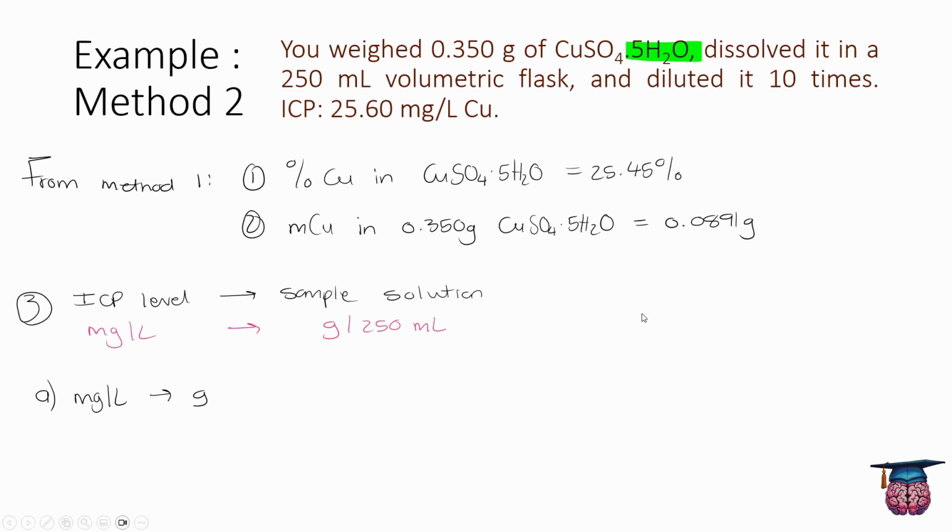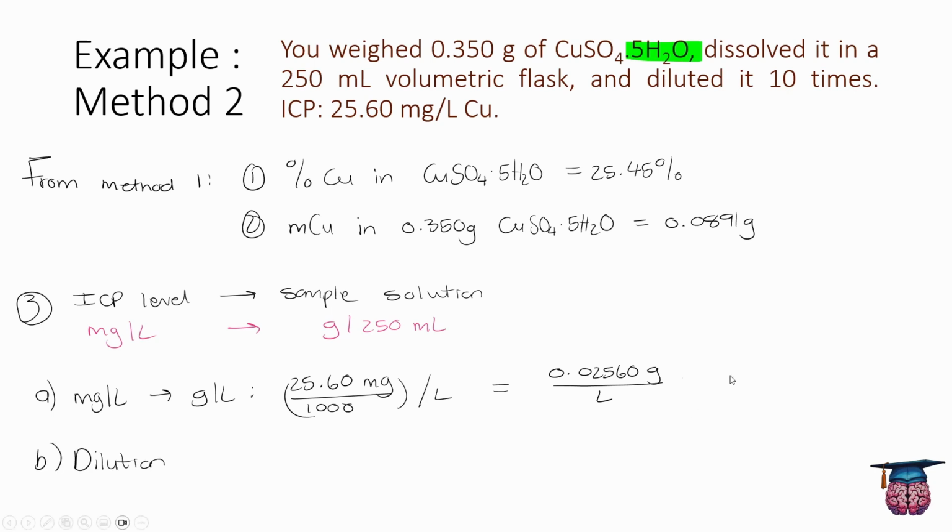So step A is we have to get this milligram per liter to a gram per liter value. We simply then take our mass and divide it by 1000, because converting milligrams to grams, we need to divide our value by 1000. And this gives us a value of 0.02560 grams per liter.